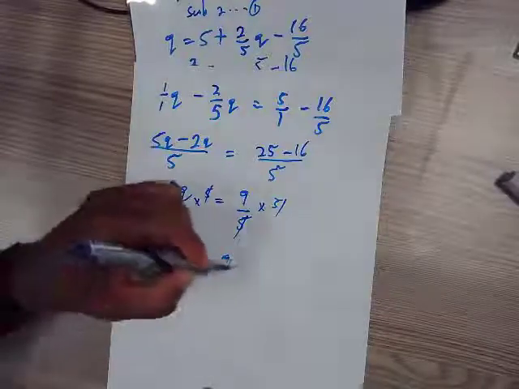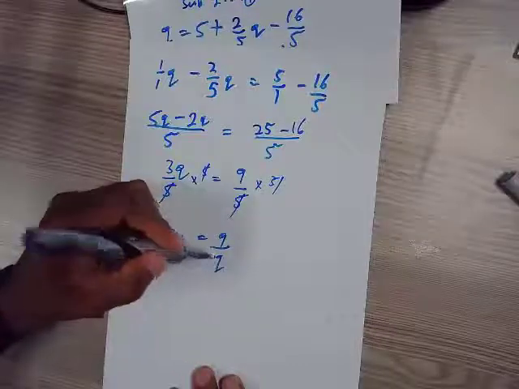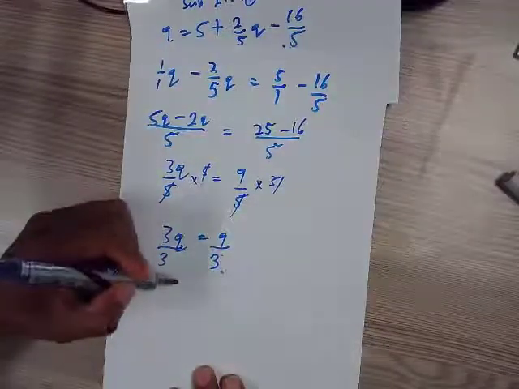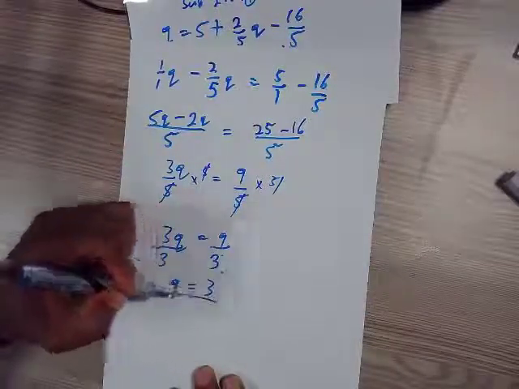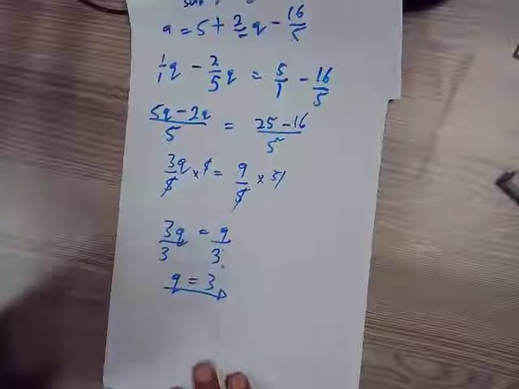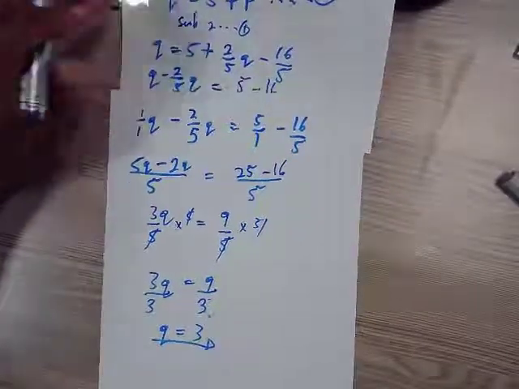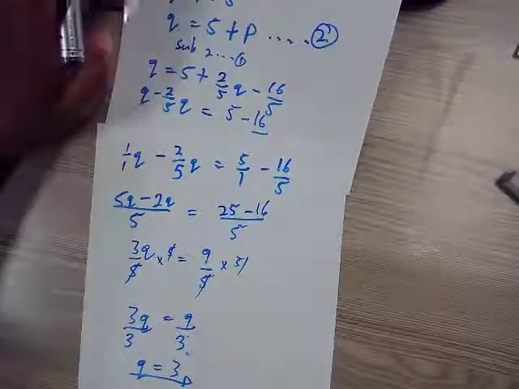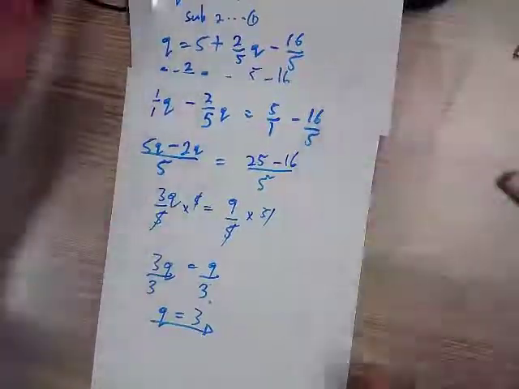So I want the q variable, so q will equal 3, right? And then since I've got q, now I need to get p.